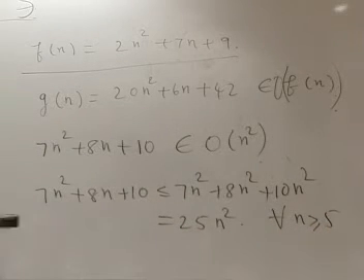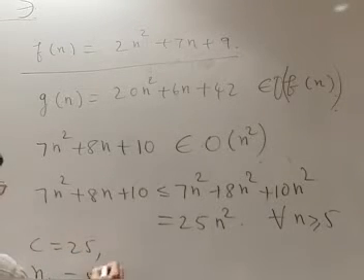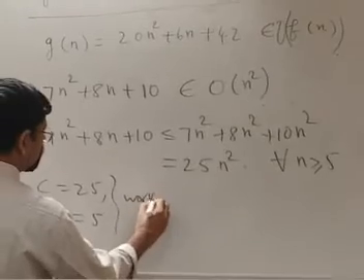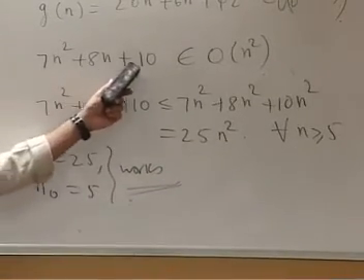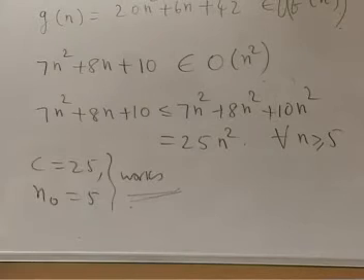In fact, for all n greater than or equal to 1 it also holds good. I am simply writing like this. Therefore, the constant C equal to 25, n naught equal to 5 works to prove that 7n square plus 8n plus 10 belongs to O(n square).